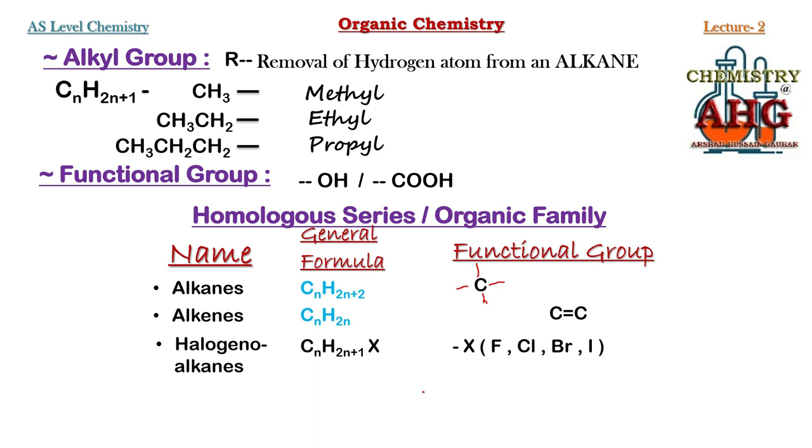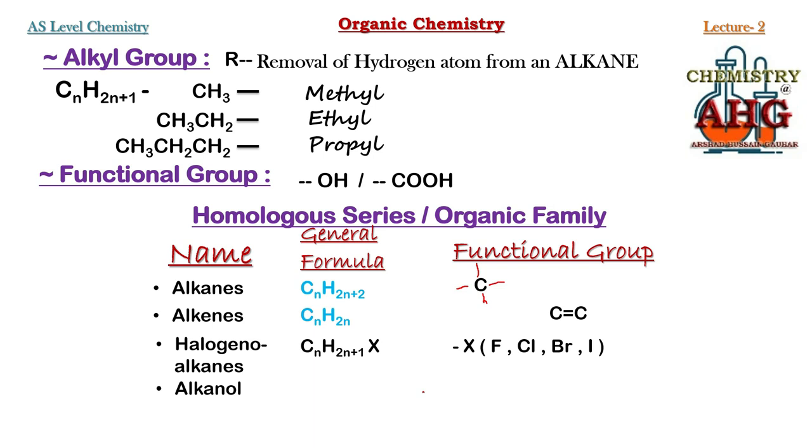Likewise, the next homologous series that we will discuss in your syllabus is alkanol, the last homologous series in your AS syllabus. Now I hope you are able to guess the general formula for alkanol. As I have already told you, the functional group of alcohol or alkanol is OH.